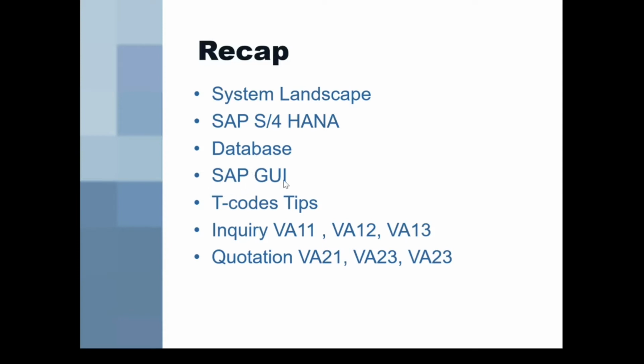We looked at SAP GUI T codes and T code tips. We also created an inquiry in the system, VA11, and how to change with VA12 and display with VA13.